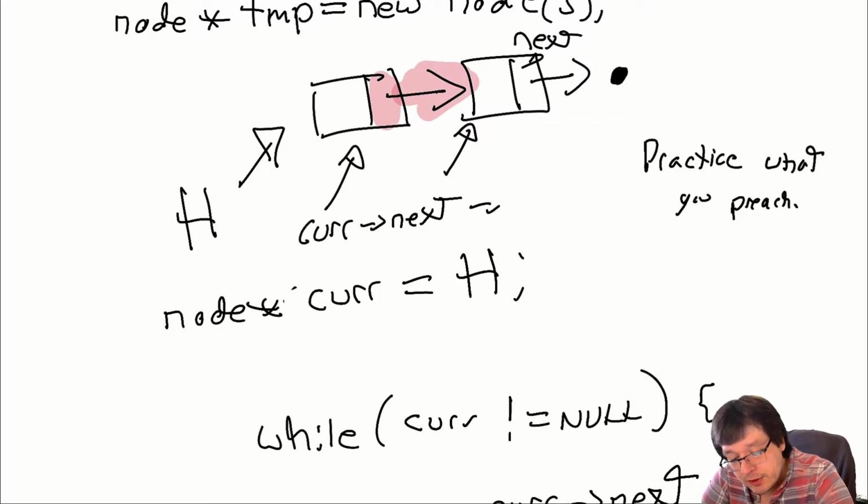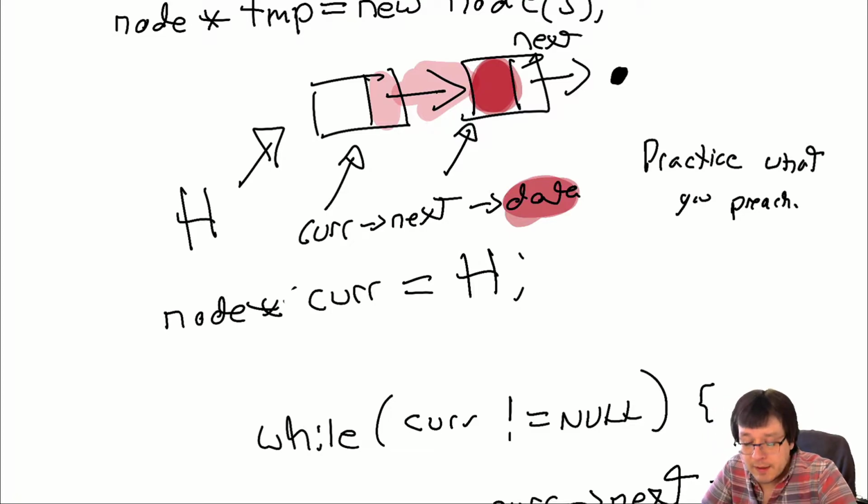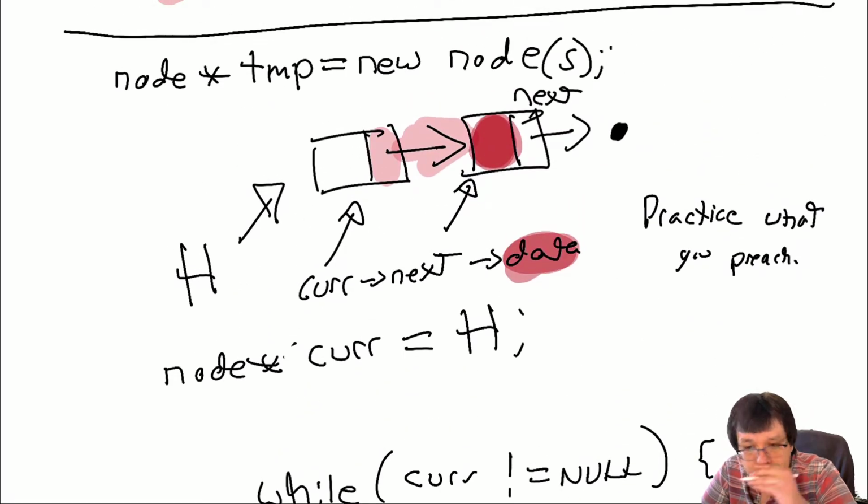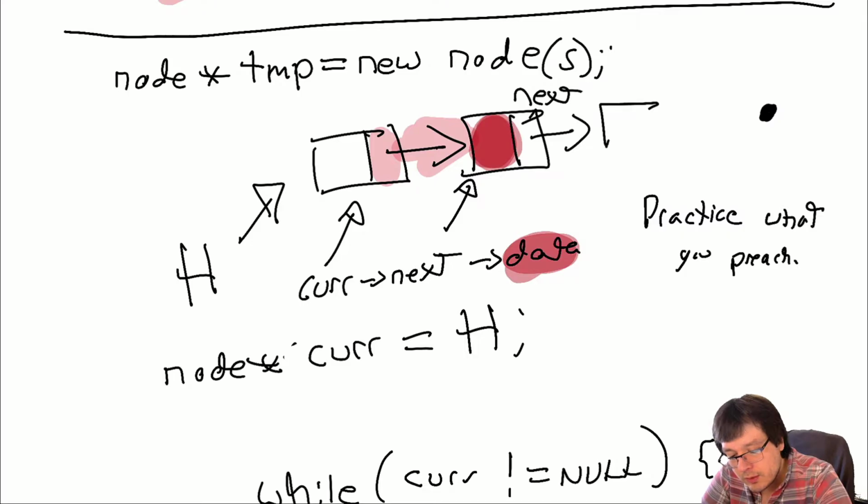In fact, if I set cur next data, I'm actually able to get this data right here. Okay? So when I go ahead and say cur gets cur next, what I'm doing is I'm updating the cur pointer one node ahead. So maybe I'm gonna go ahead and add one more node here, just so you can see the example better.